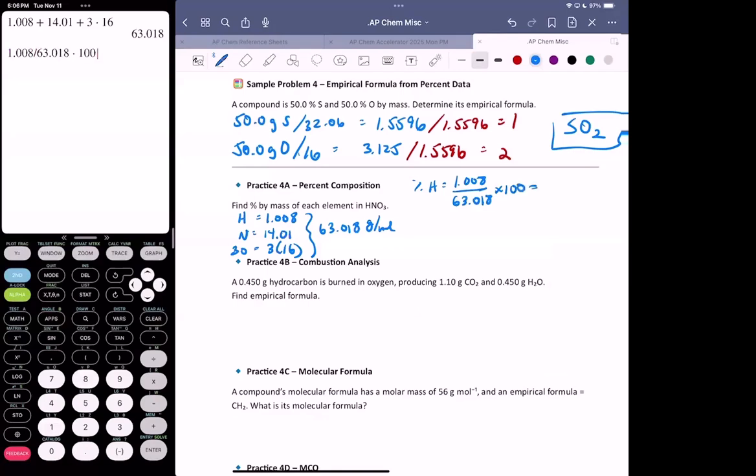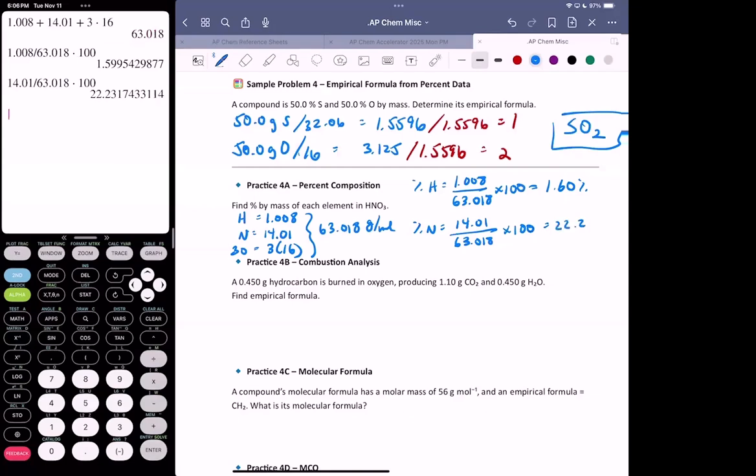Which is, let's say, 1.60%. The percent of nitrogen is going to be 14.01 over the total molar mass, which is 22.23%.